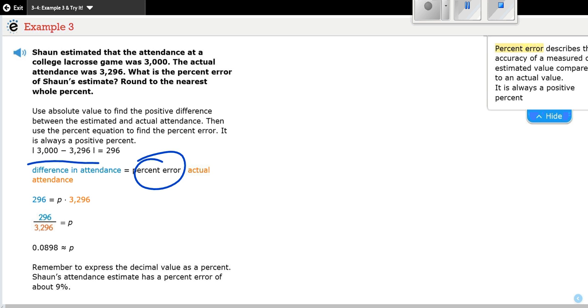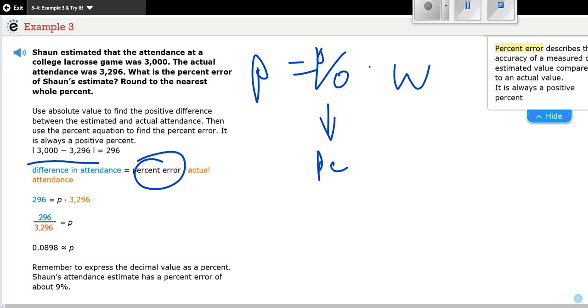Instead of percent, we're going to call it percent error. Our equation is part equals percentage times the whole. Our percentage is our percent error now, and our part is the difference in attendance. We've seen that idea before. And the whole is everyone who did attend.